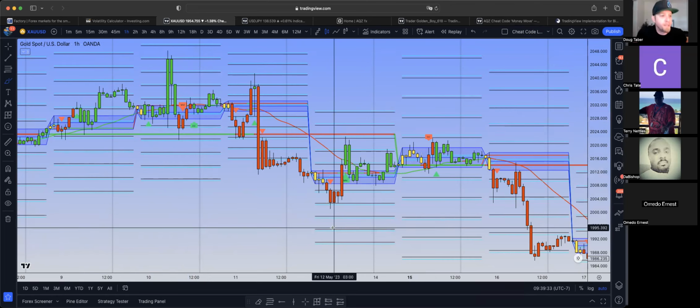Now, just because they take out a high or a low and we get a signal doesn't mean that the markets are going to go in the favorable direction as what money move is telling us.